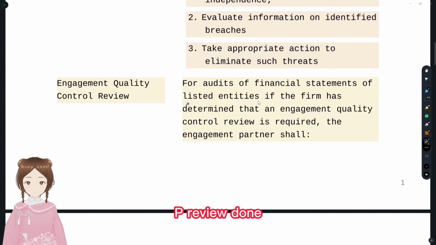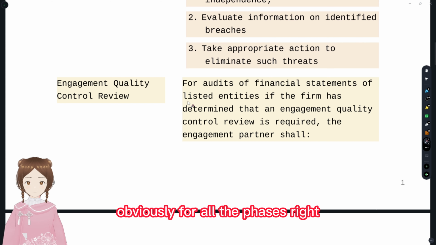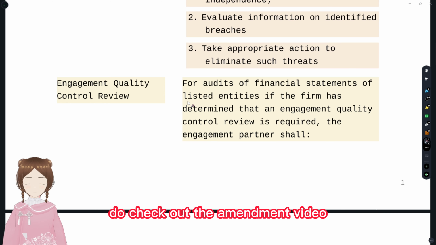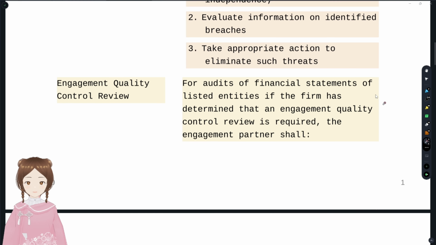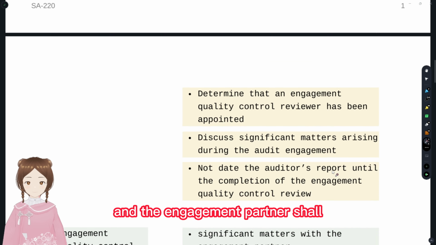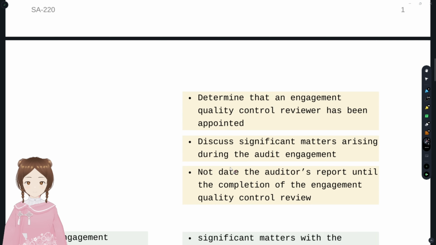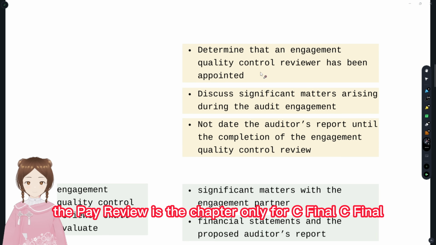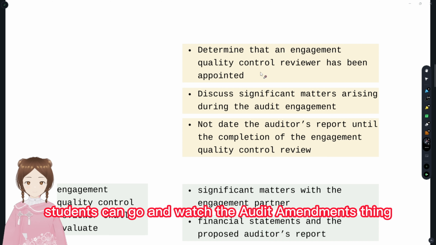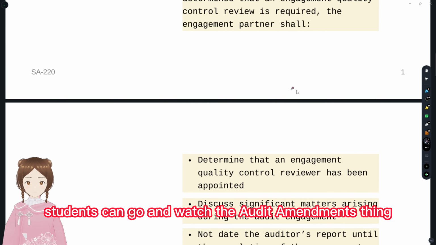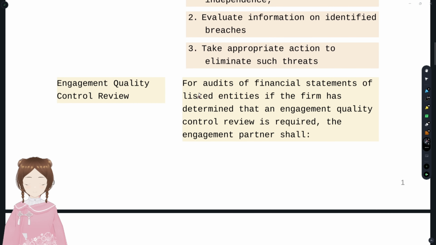There was an amendment also, so do check out the amendment video. The peer review is a chapter only for CA Final, so CA Final students can go and watch the audit amendments video.